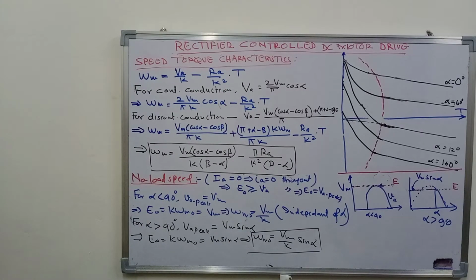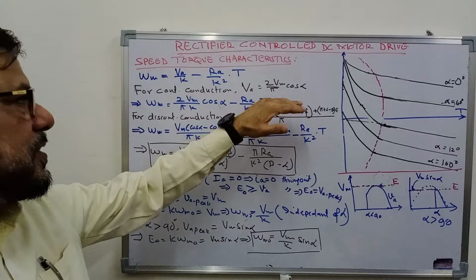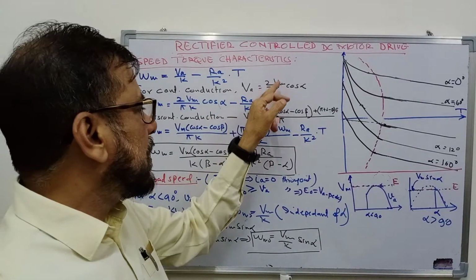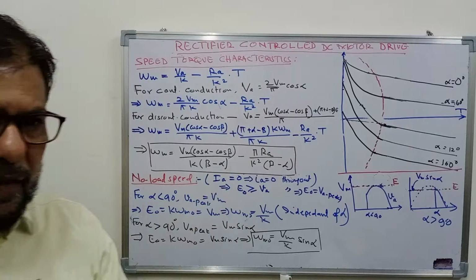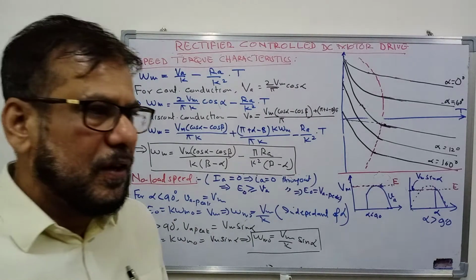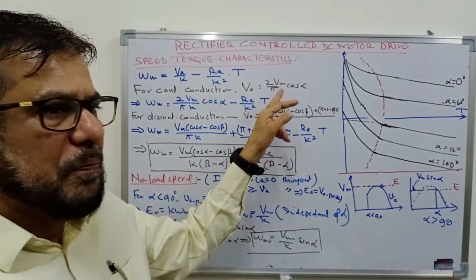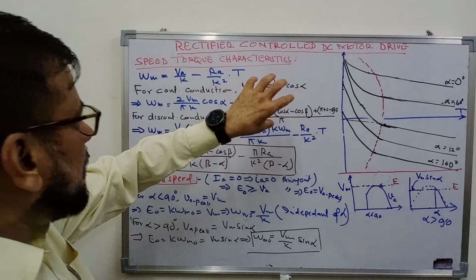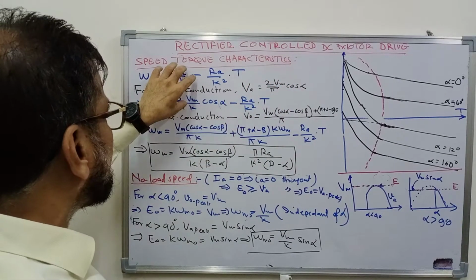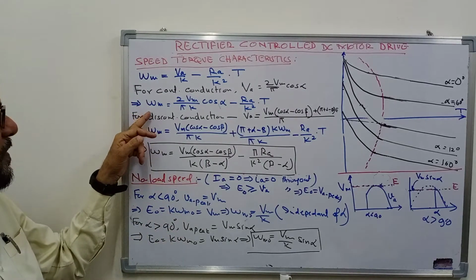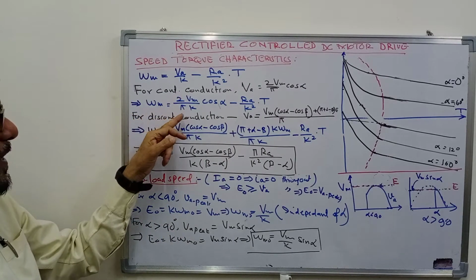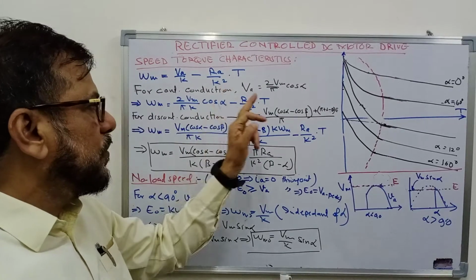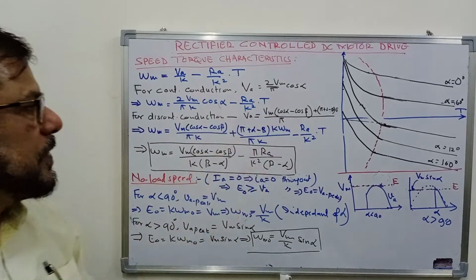Now here, for continuous conduction, we have shown that for a single phase rectifier, Va is equal to 2 Vm by pi cos alpha, where alpha is the firing angle of the thyristors and Vm is the peak value of the source voltage. So if you put this value in this equation, you get the relation omega m equal to 2 Vm by pi K into cos alpha minus Ra upon K square torque.